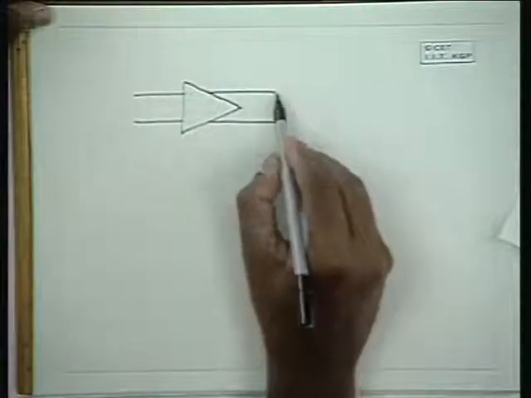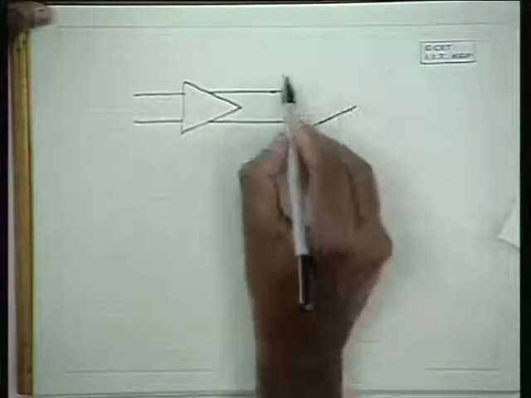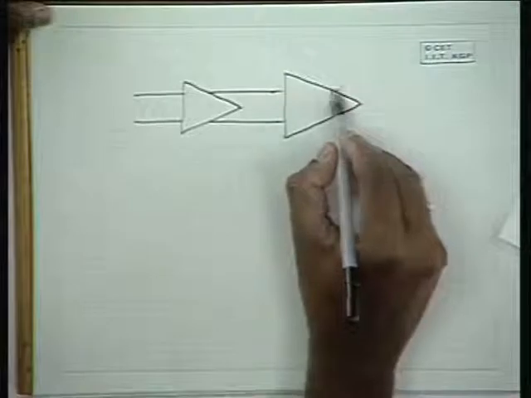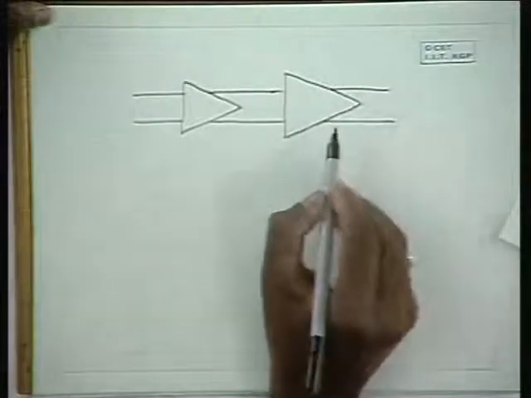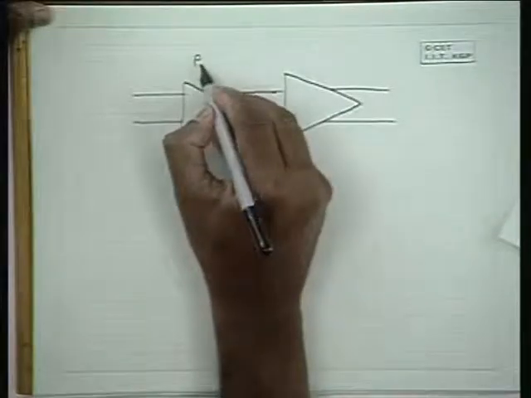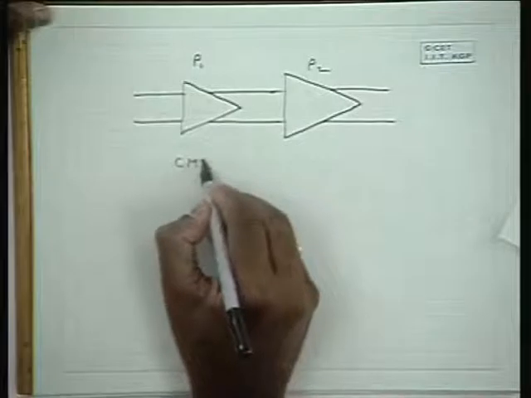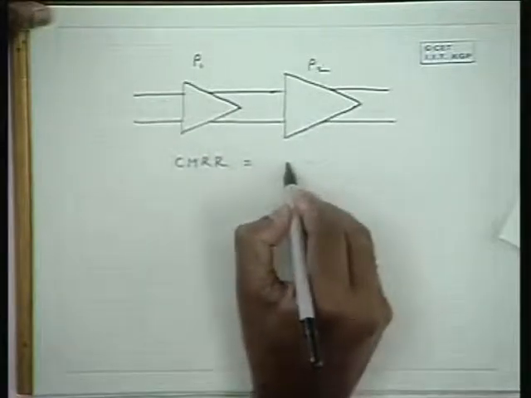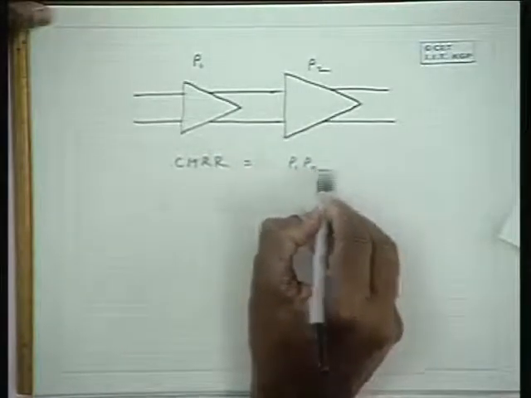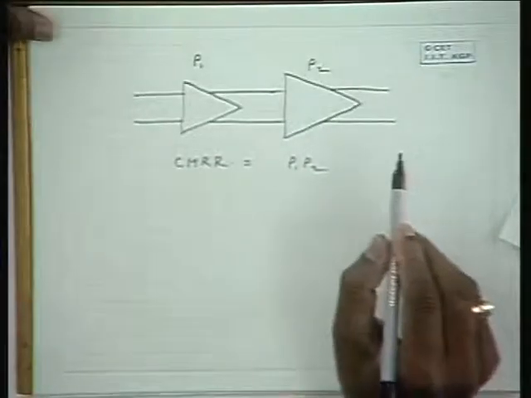You use both the differential outputs as the input to another differential stage, and then you will get the differential outputs here. So, if the common mode rejection ratio is rho 1 here and rho 2 here, the overall CMRR is going to be rho 1 rho 2. If it is 1000 and this is also 1000, it is going to be 10 to the power of 6.